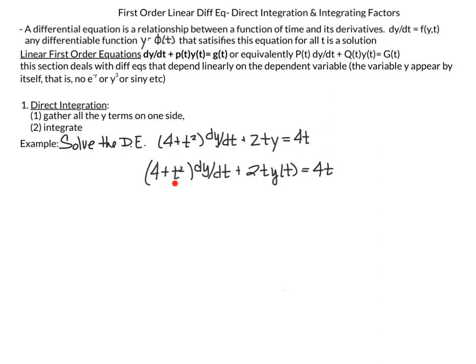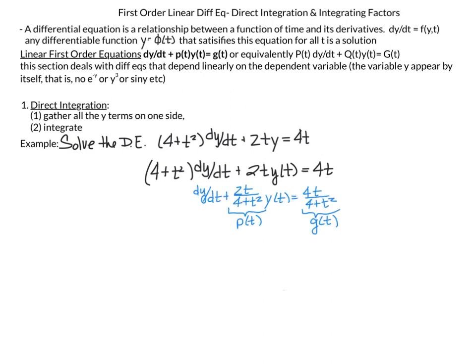And then also, if I look at my values for y, I only have y of t here. I don't have any y squared. I don't have sines of y or anything else like that. And I should be able to put it in this form. Here I don't have anything in front of dy/dt, so I can simply divide my whole equation by 4 plus t squared.